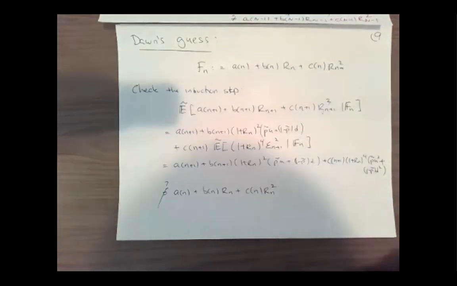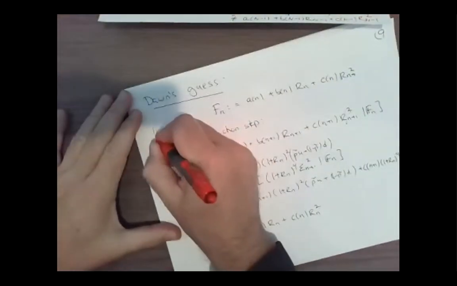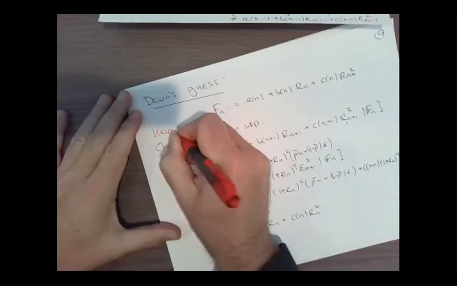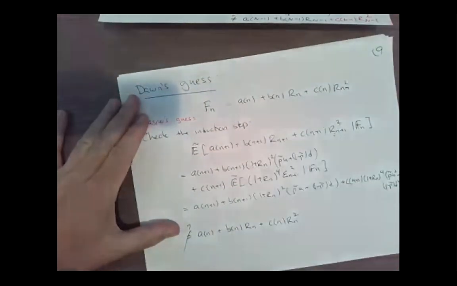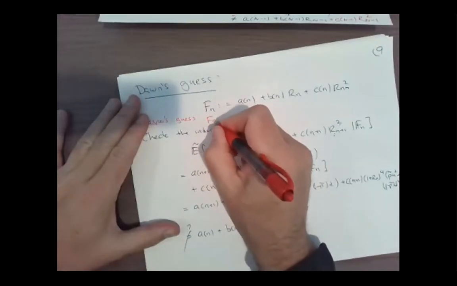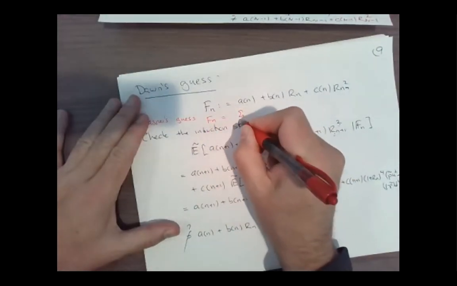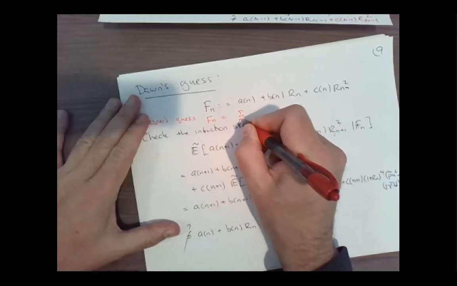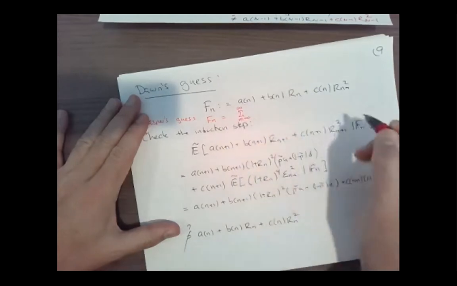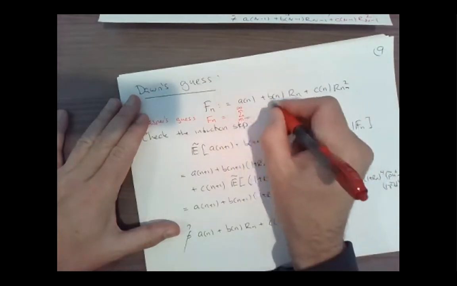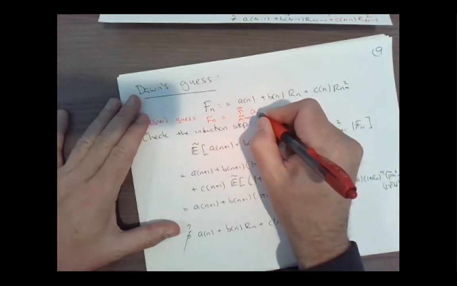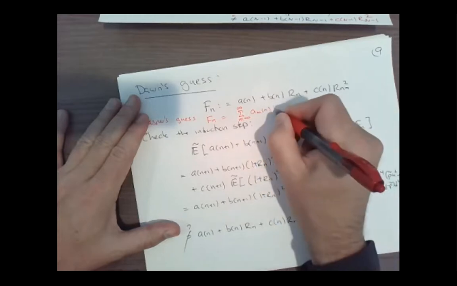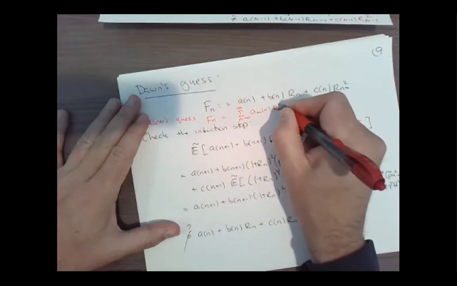My guess: I think you're going to have a lot more terms. I think Fn is going to be an infinite sum, but I don't know. This has to be checked. So you have something like A M N, and then I think you're going to have Rn to the power M.